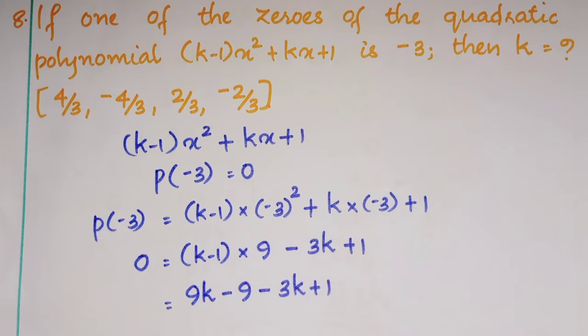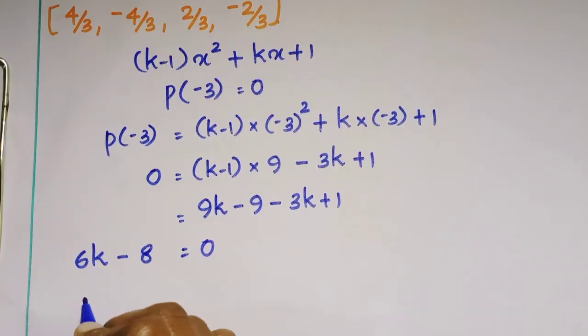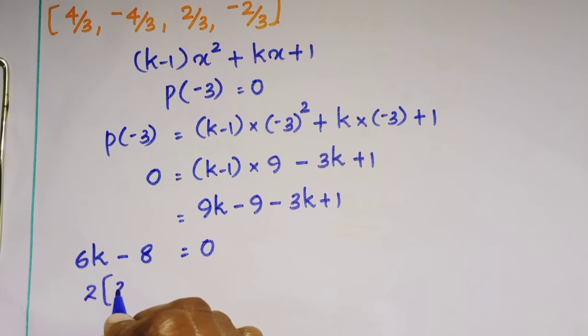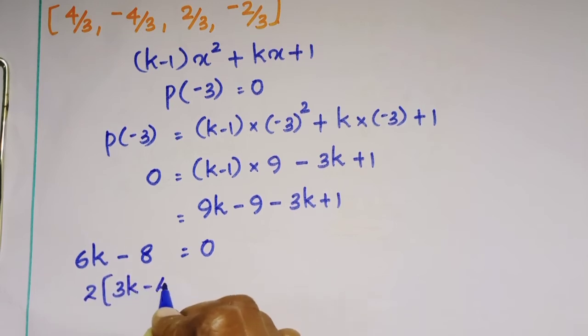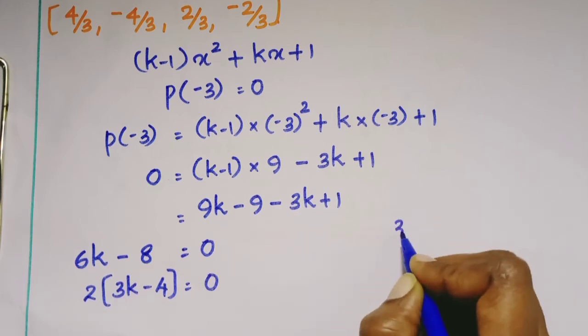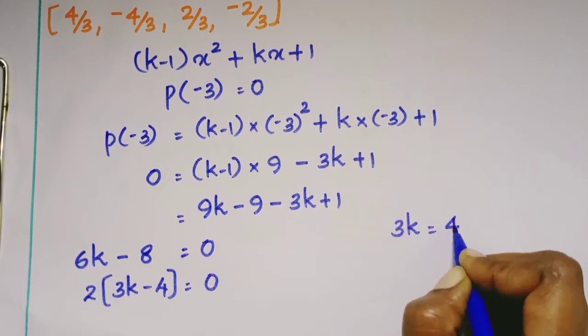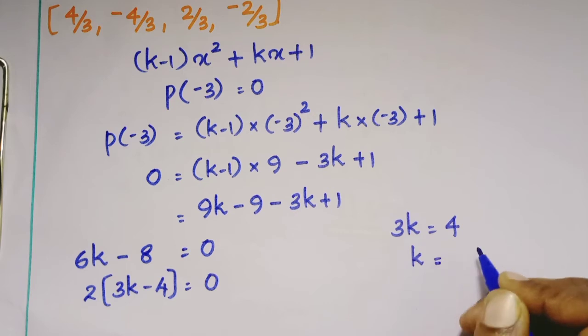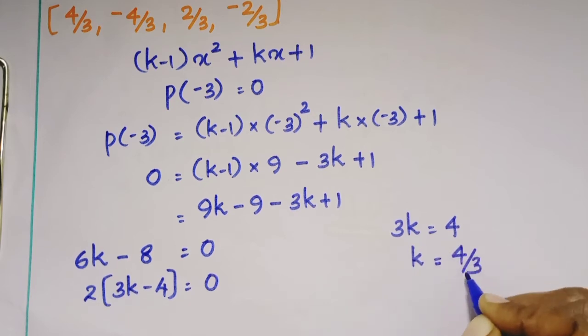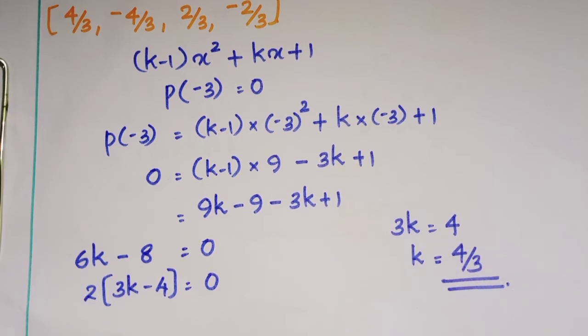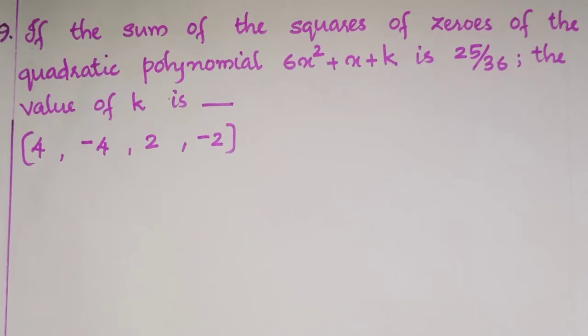From this, we can say 6k minus 8 is equal to 0. 2 into (3k minus 4) equal to 0. Then 3k equal to 4. So k equal to 4 by 3. So the answer is 4 by 3.